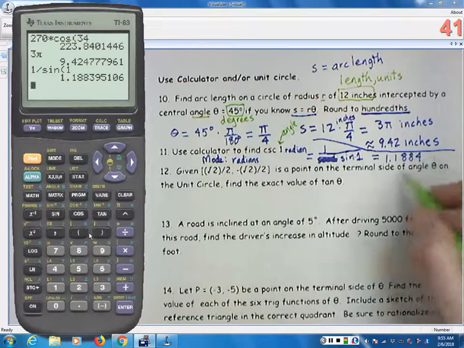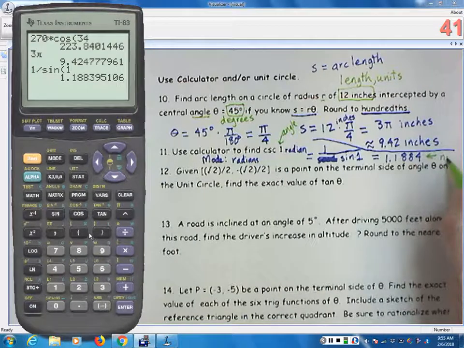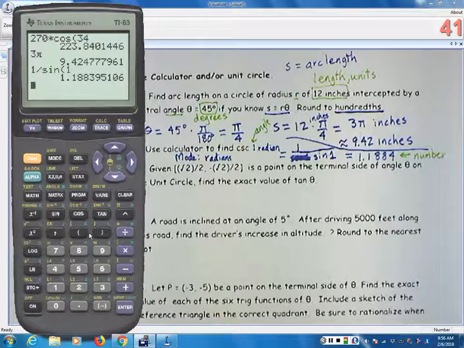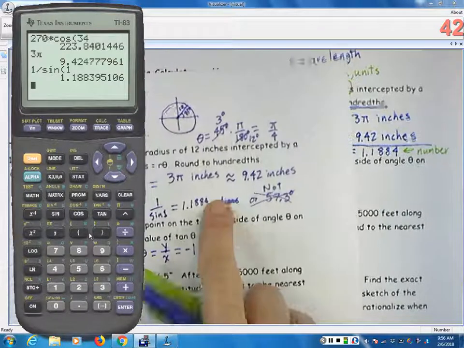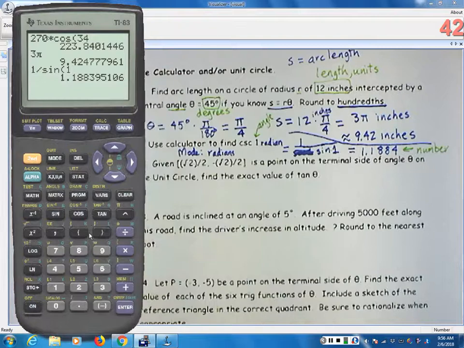This is a number. I'm sorry about that. I can post the new answers, but in the old answers I had a typo where I wrote radians here, so cross that out. All right, and then number 12.